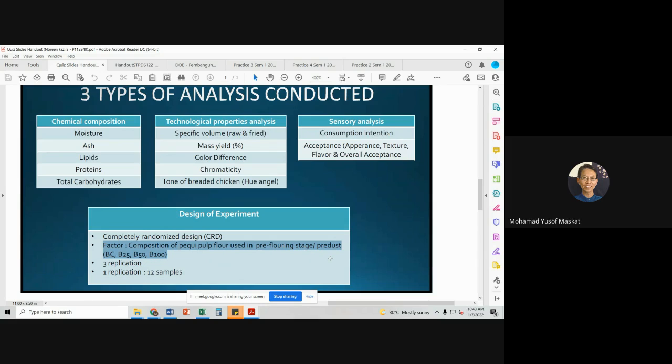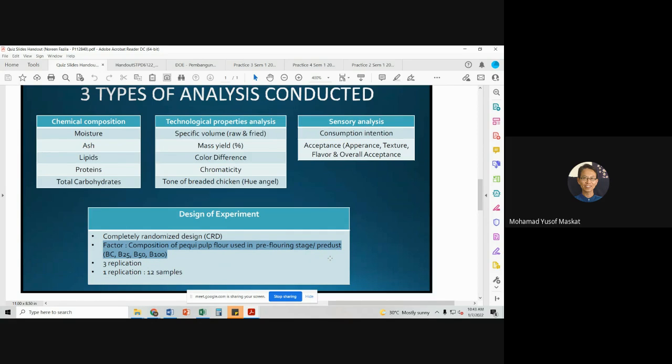So if you want to look at which is the factor, then you only have to determine which parameter or which aspect is not being maintained as constant. Okay, so a factor could not be a constant.